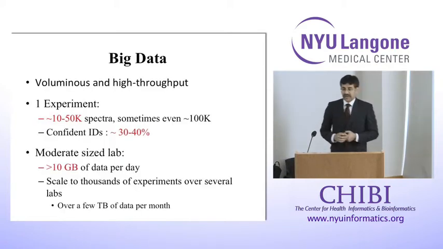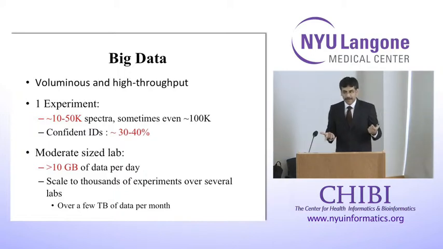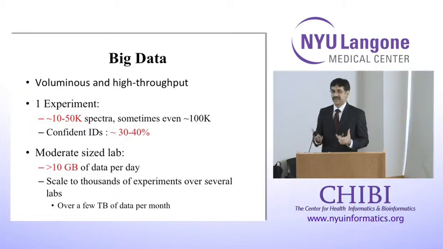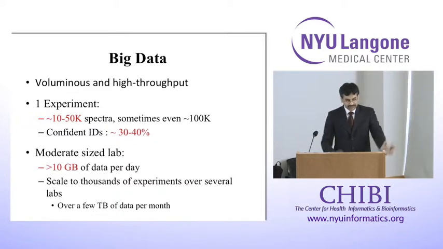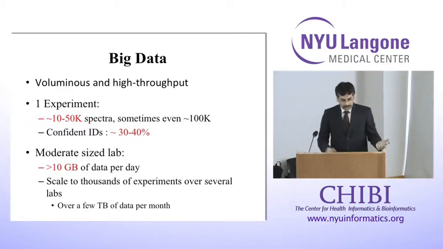Okay. Now, given that we want to store these data, there are a couple of important questions to consider. One is that modern mass spectrometers generate vast amounts of data in a very high throughput fashion. So just to give you an example, a single experiment can generate 10 to 50,000 spectra, sometimes even 100,000 spectra in an hour or 2 hours maybe.